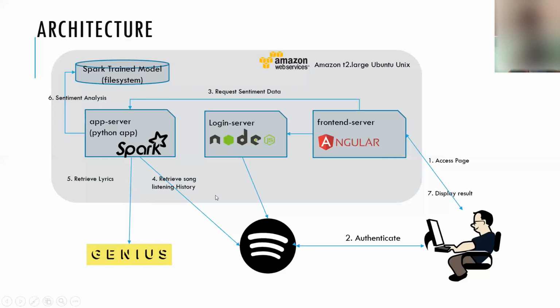With that information, our process goes and gets the data from Spotify. Basically, it's getting the last 50 songs that the user has been listening to. Once we get the song data, we go to the Genius API, the Genius system, to get the lyrics for those songs.